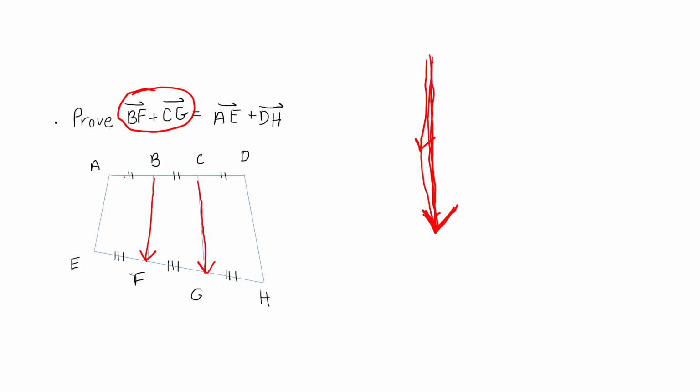Now let's think about the vector AE. The vector AE goes this way. Well, that goes out a little farther to the left than the other one did. AE goes a little farther out to the left than BF. And then if you look at this DH, it goes a little farther out to the right than this CG did, and it's even a little bit longer too.